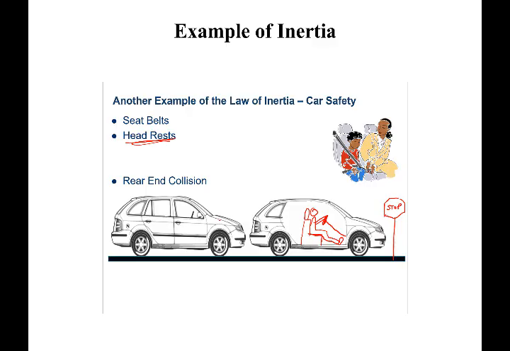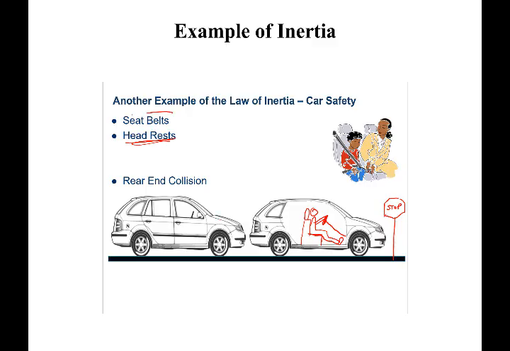Now, when do you experience inertia? If you are in a car and the seat belt is on, you know what happens if the car suddenly stops: the belt protects you from falling out.